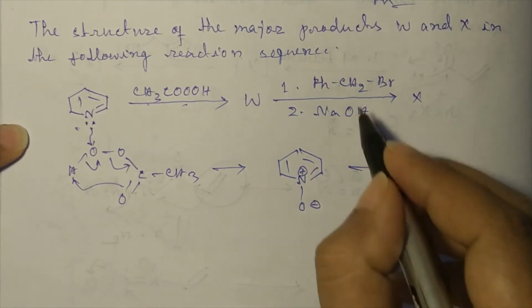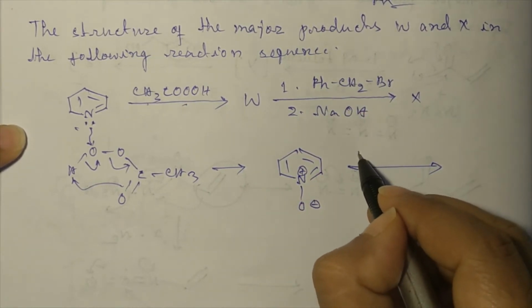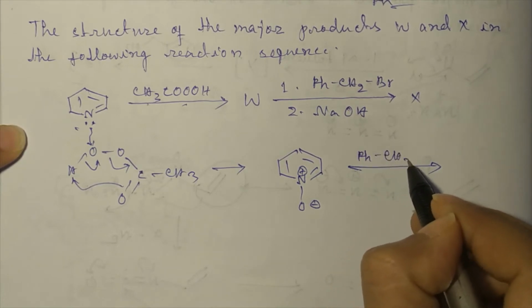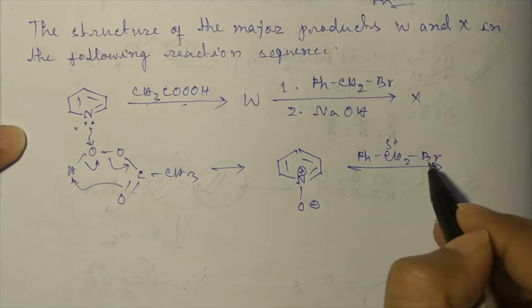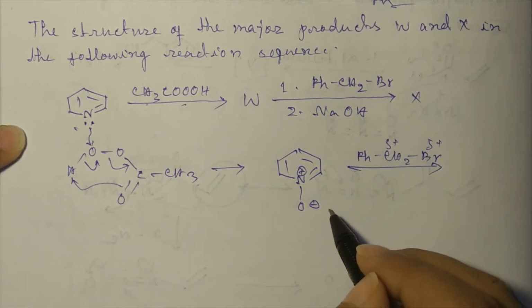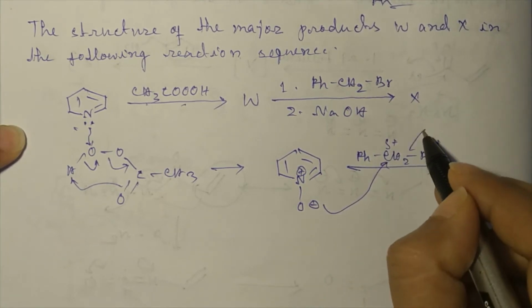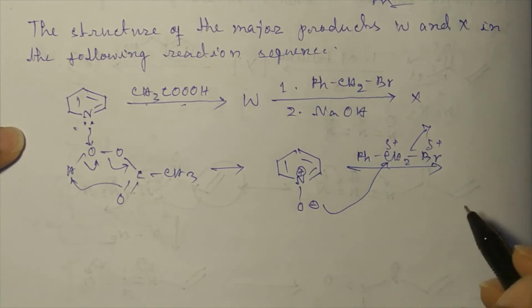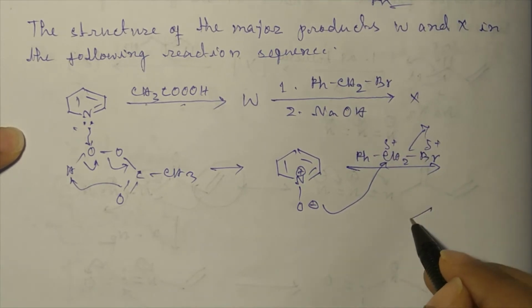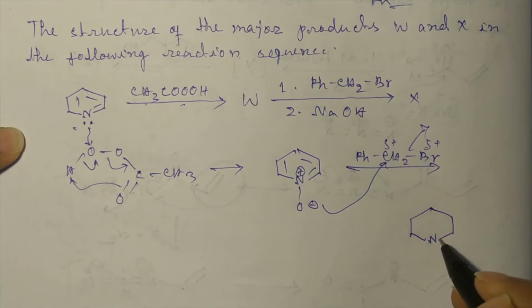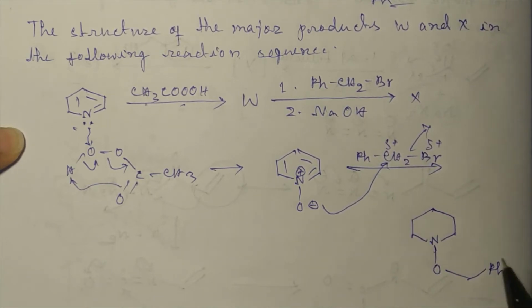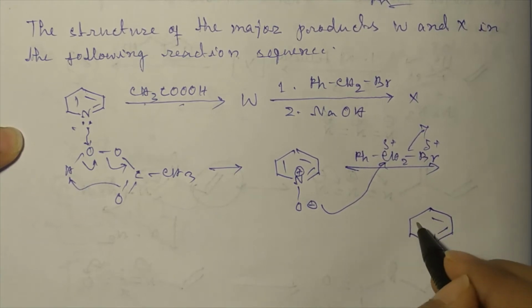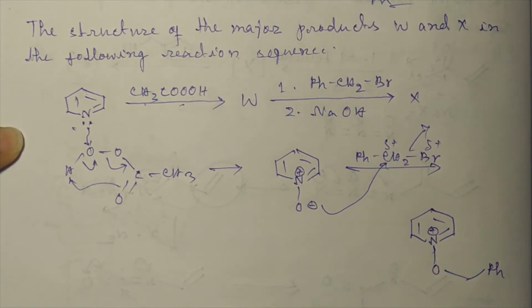Now it reacts with benzyl bromide. As this is an alkyl halide, it is an electrophilic center and this is a nucleophile, so it will attack and a simple SN2 reaction will take place. So the product will be this.